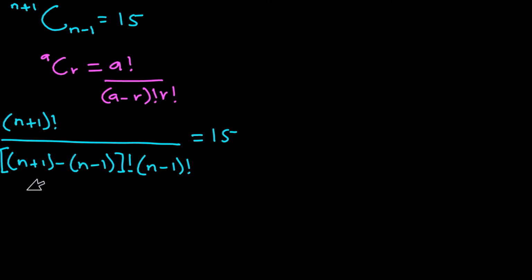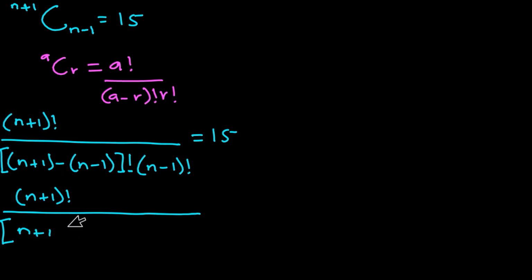So we have, I'll copy this down, (n plus 1) factorial divided by, then I'll bring my big bracket, then we have n plus 1 over here, then negative 1 times n is the same as negative n, then negative 1 times negative 1 is the same as positive 1, right?